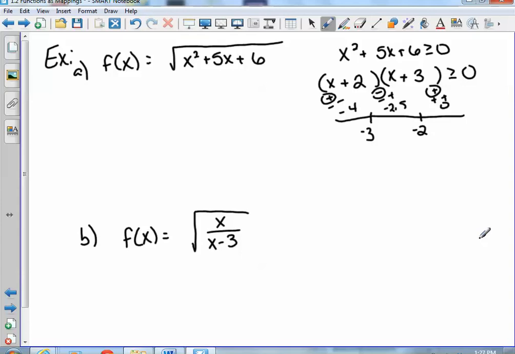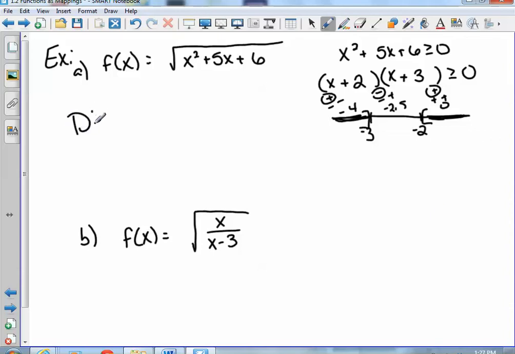You remember doing these? I want greater than or equal to. So do I want positives or negatives? Positives. So I want those and those, because those are the intervals that came out to be positive, correct?